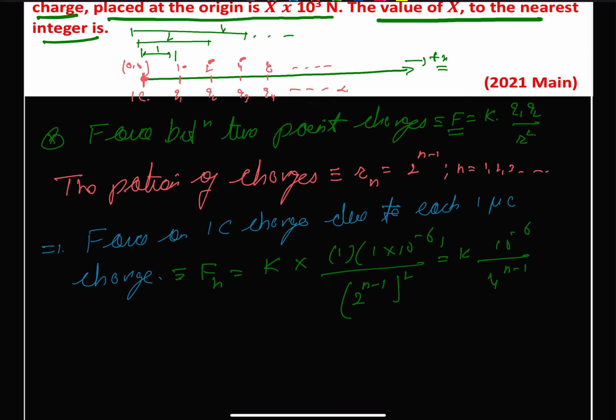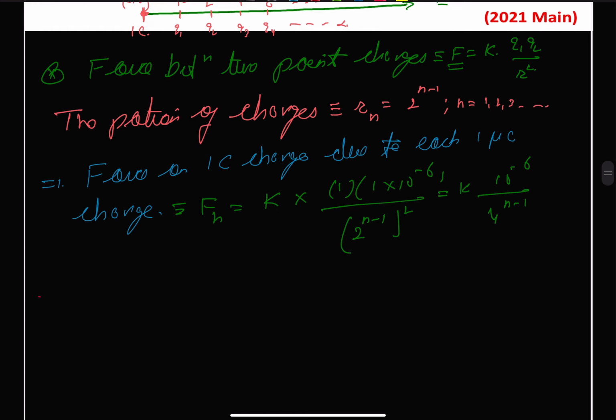The value of n is from 1 to infinity, so we can just make a summation of that. Let us suppose the total force is given as F. It will be equal to k into 10 to the power minus 6, which is common, times the summation of 1 upon 4 raised to the power n minus 1, going from n equals 1 to infinity.